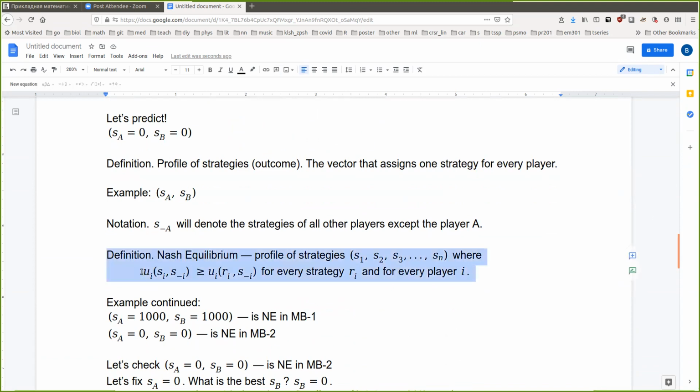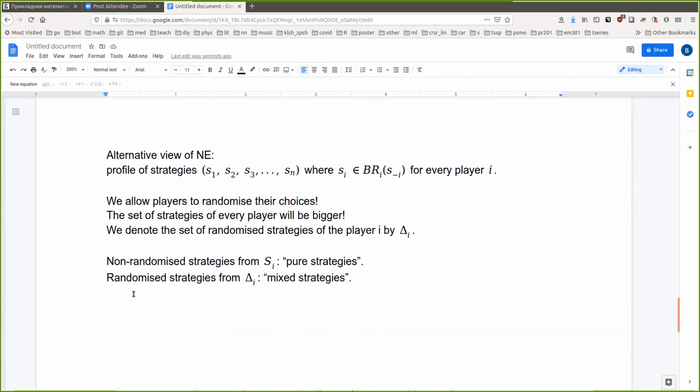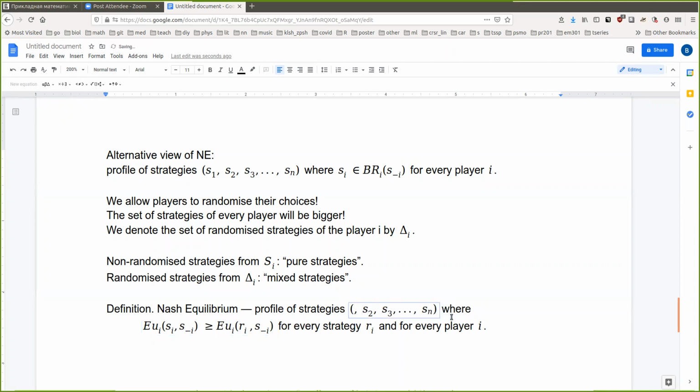So when players do randomize, the main change is that the expected payoff is defined on a profile of strategies from delta.